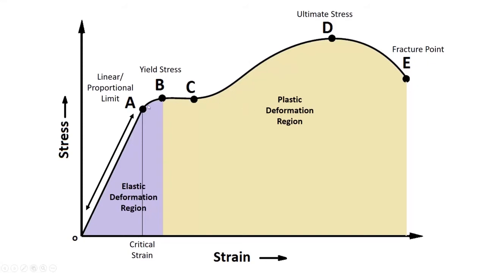And this means once you enter this region, you've permanently deformed your material, and you can never get back to the original spot, the original properties of the material. So I want you to know each of these points on the graph. Know what is the elastic deformation region, what is the plastic deformation region.